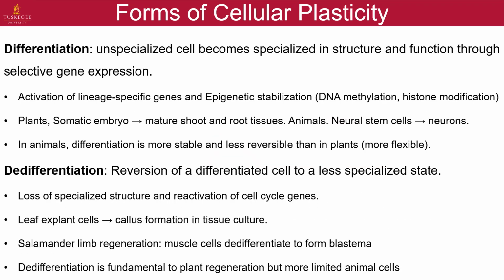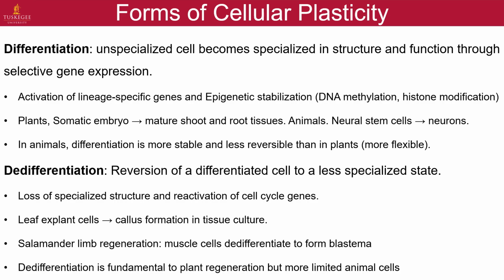So, continuing from where we stopped, I'm going to focus on explaining in detail the different forms of cellular plasticity. The first one is differentiation. This means that an unspecialized cell is going to become specialized to become a specific type of cell in structure and function. And this is normally done through selective gene expression.